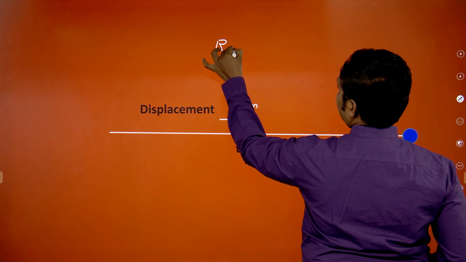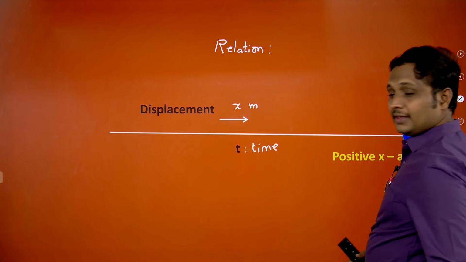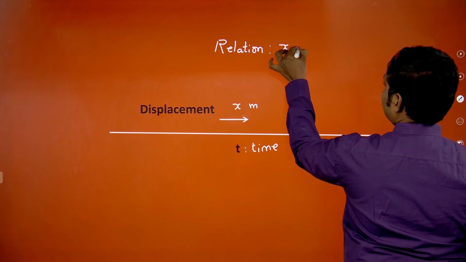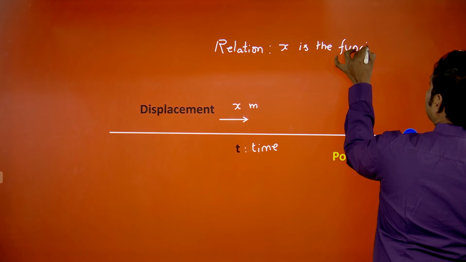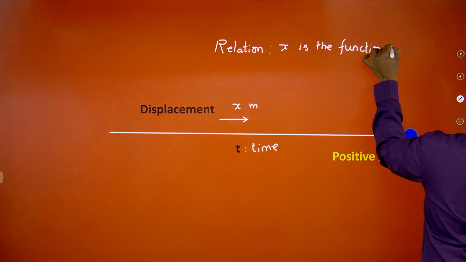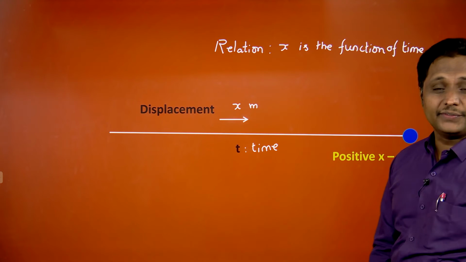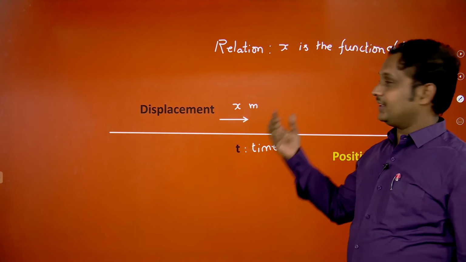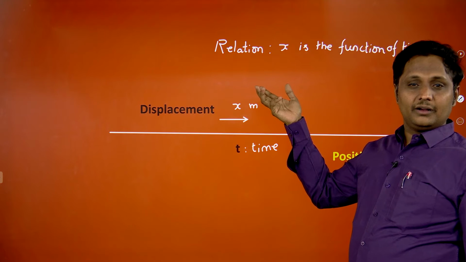What is the relation? x is the function of time. Do you agree? x is the function of time. Why are we going to consider x, the displacement or distance, as a function of time?